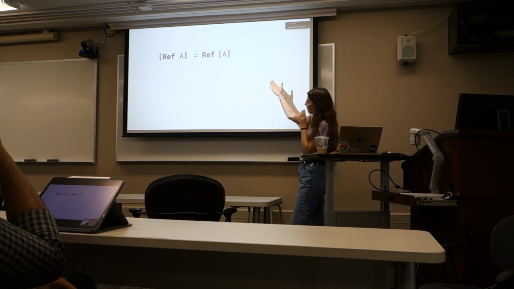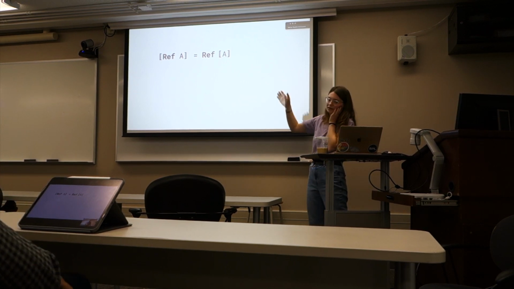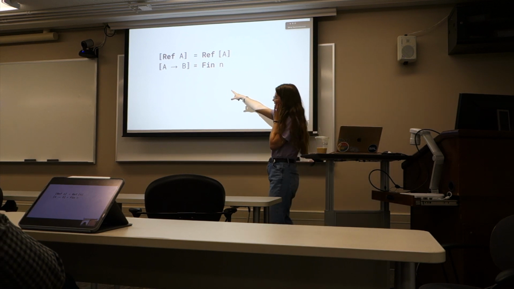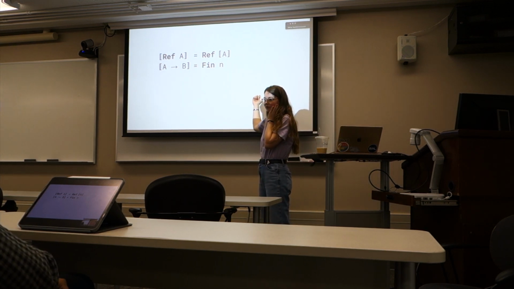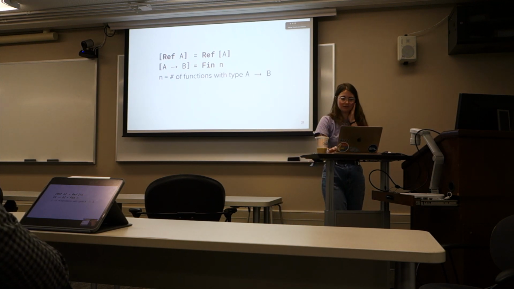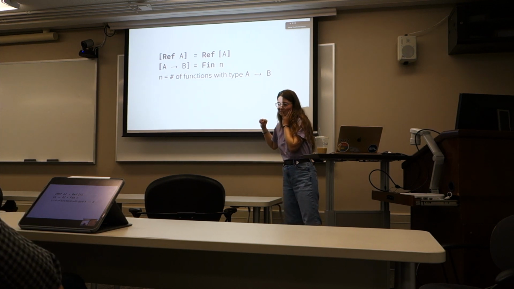Okay, so how does this actually work out in the types? The conversion over reference types is just going to be the same as you would expect. We just convert the type inside. But when we convert function types, it turns out we just convert them to numbers, particularly a finite type of type n, where n is the number of functions with that particular type.